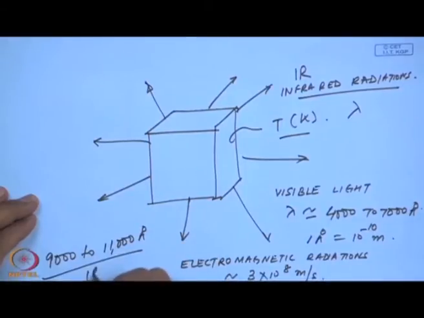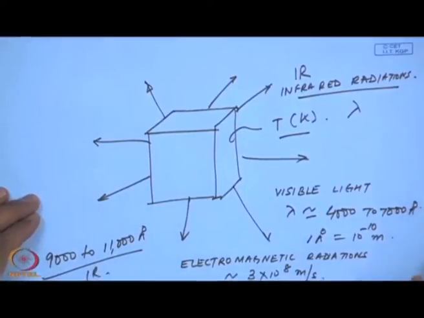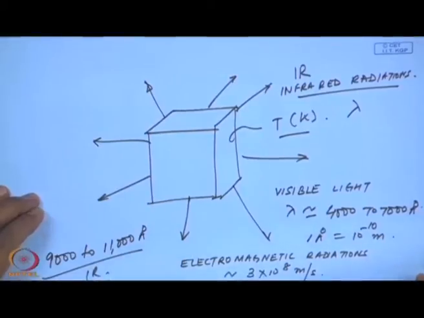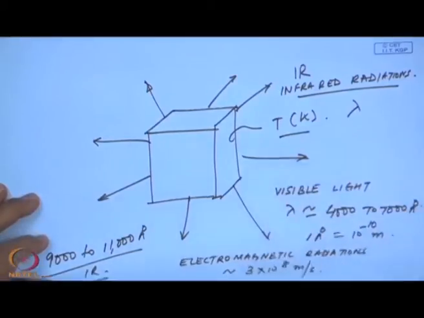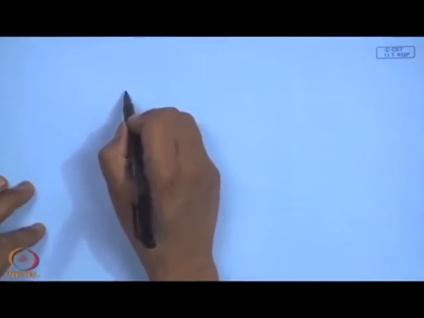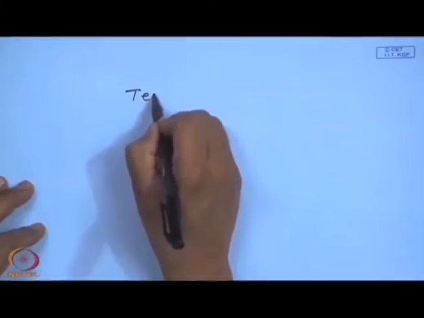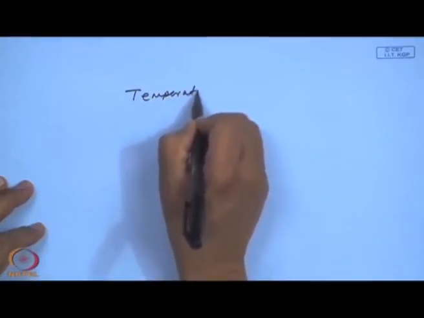So, just beyond the visible light, the wavelength of the infrared is from 9000 to 11,000 angstrom, and these infrared radiations given out from the body have some clue as to the temperature of the body.